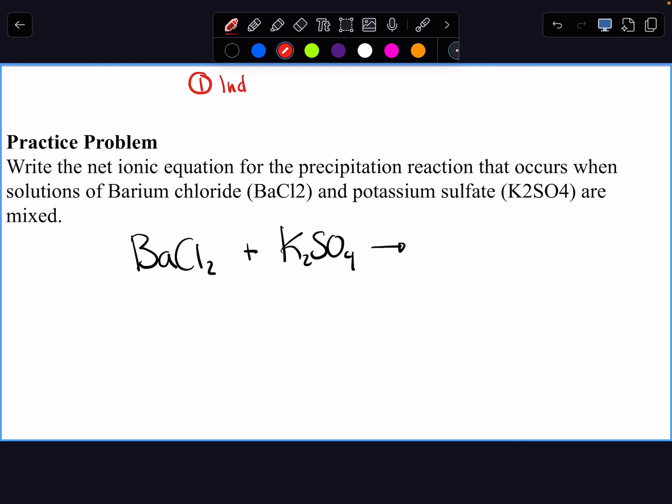I'm doing that in red here. Find barium on the periodic table. Barium's going to have a 2+ charge. It's paired with chlorine, which would be -1 or 1- charge. Doesn't really matter.